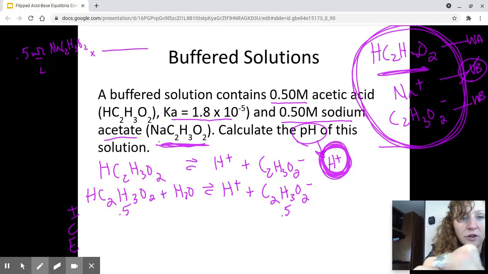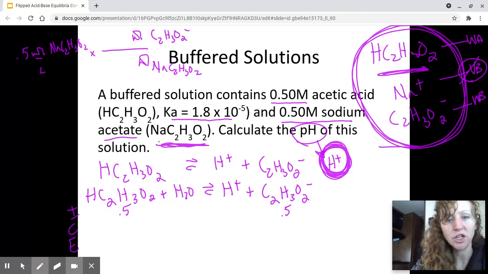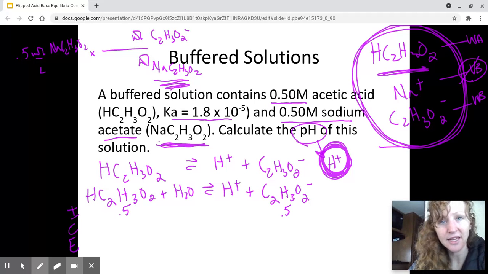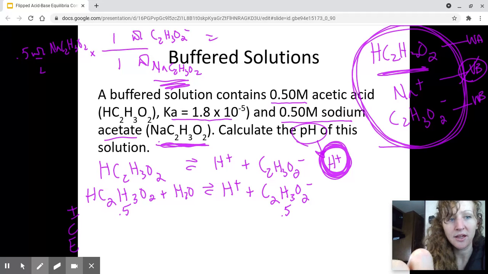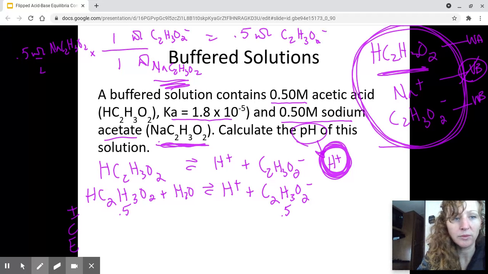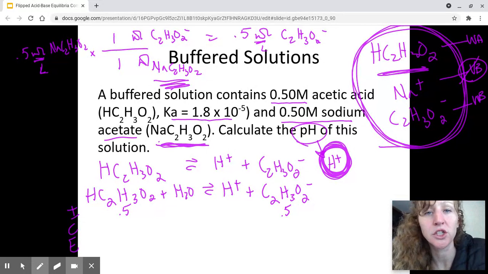If I convert that into moles of acetate, what is the ratio of sodium acetate to acetate in this compound? It's a 1:1. So if it dissociates completely, I will have the same amount of moles. And remember, it's per liter. We're talking about molarity here, so that liters just gets carried over.